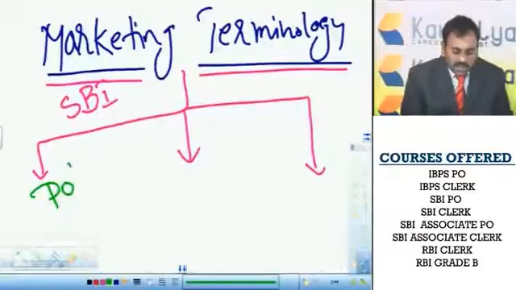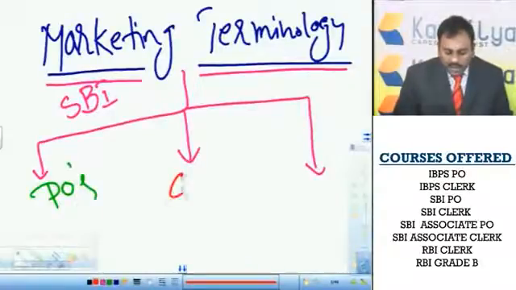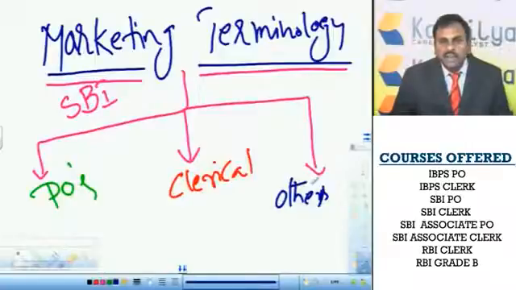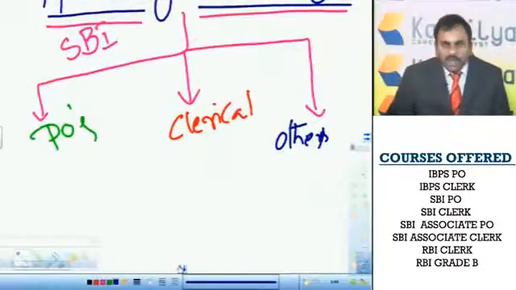First one is POs, second one is clerical, third one is other exams, such as RBI, Lakshmi Vilas Bank or any other bank which conducts the examination in its own way. So this is broadly categorized into POs, clerical and other examinations.